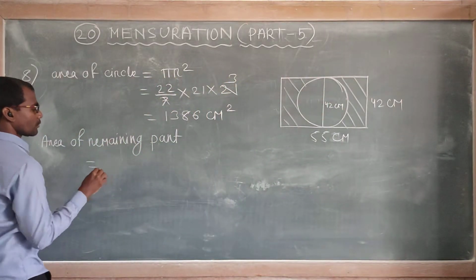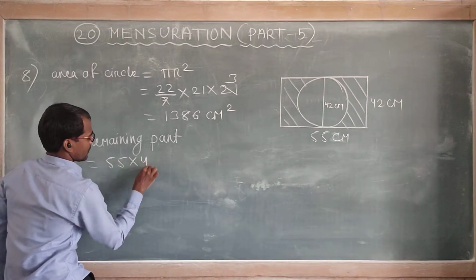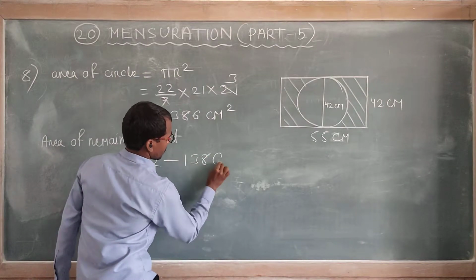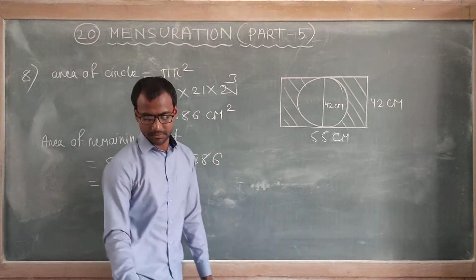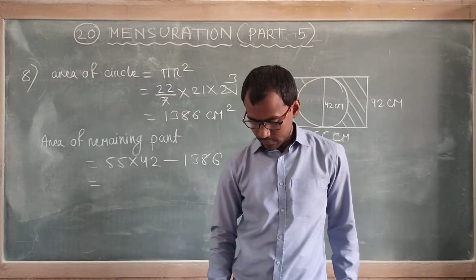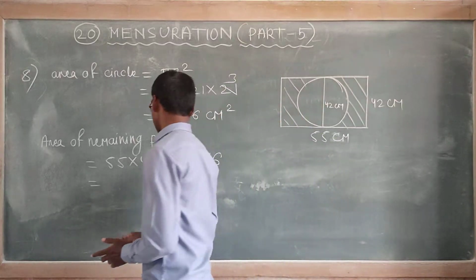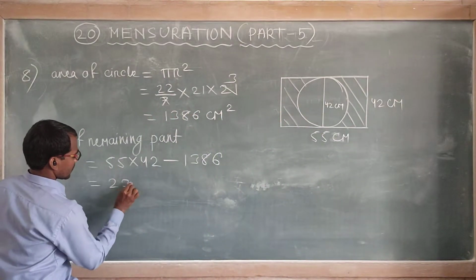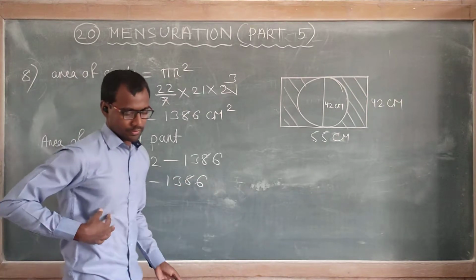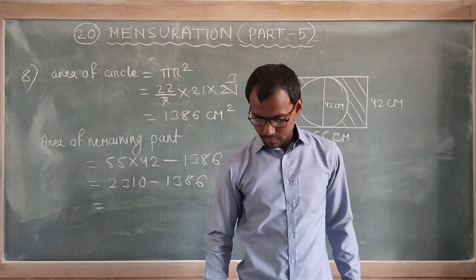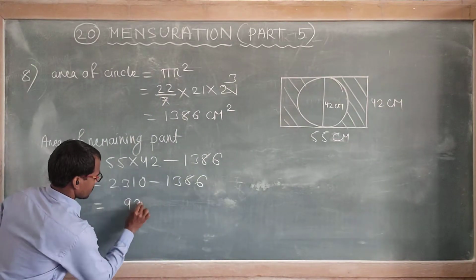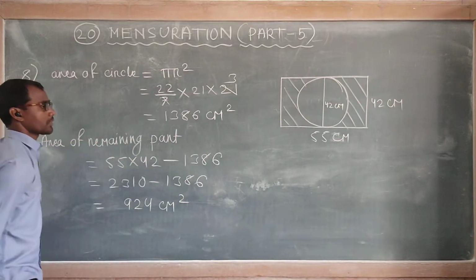Area of the rectangle is length into breadth. So 55 into 42 minus area of the circle, 1386. 55 into 42 is 2310. 2310 minus 1386 is equal to 924 square cm.